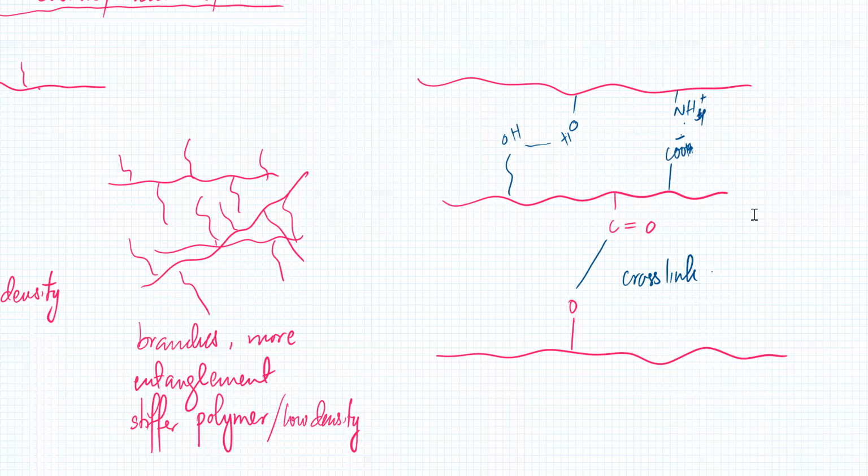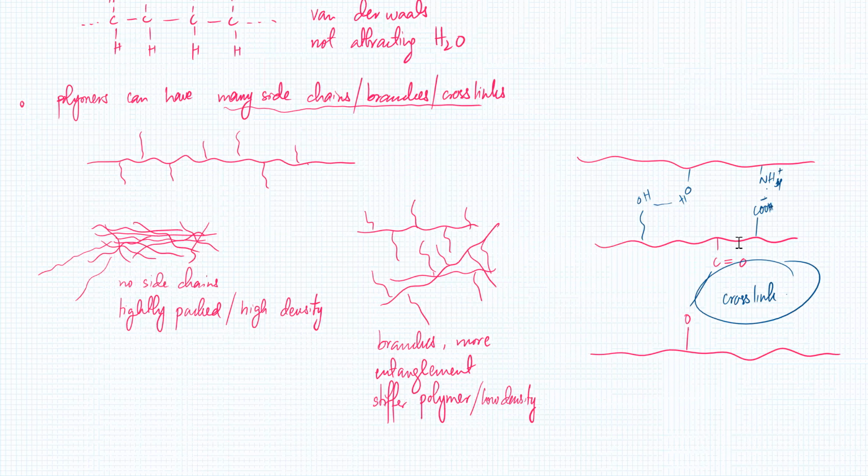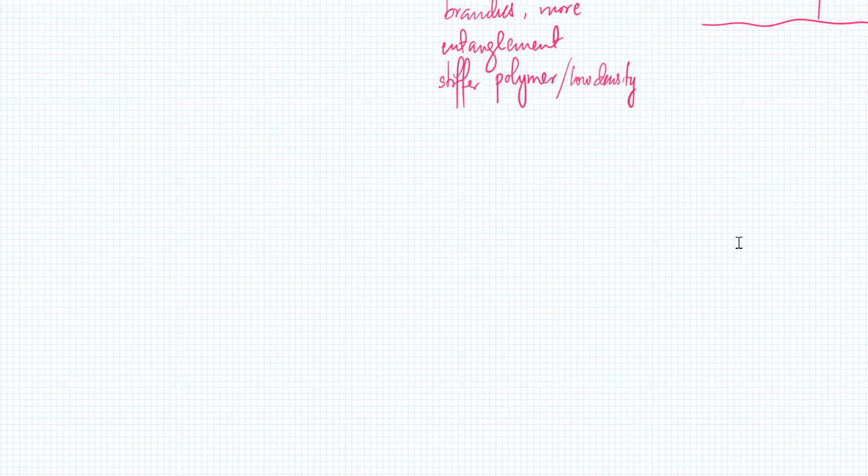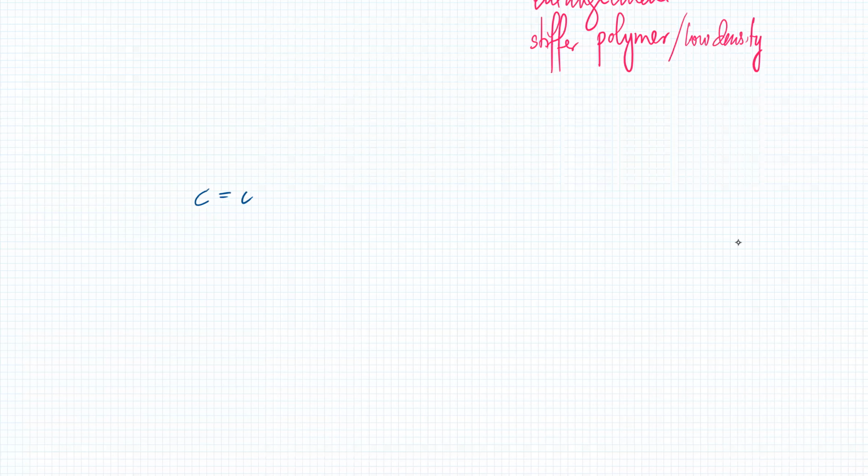Yes, sir. So one question: between which molecules does a cross-link develop? Are there any specific ones? It could be any molecule. Let's say I was making a polymer out of this alkene, and I'm making a polymer out of another alkene which has a side chain of a carboxylic acid.